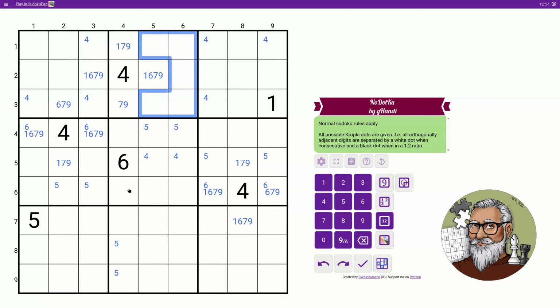I can't have 3 here, so I'm gonna need 3 somewhere there and 3 somewhere here. Maybe we are getting somewhere. So now one of these is 3. Oh, okay, what does that mean?